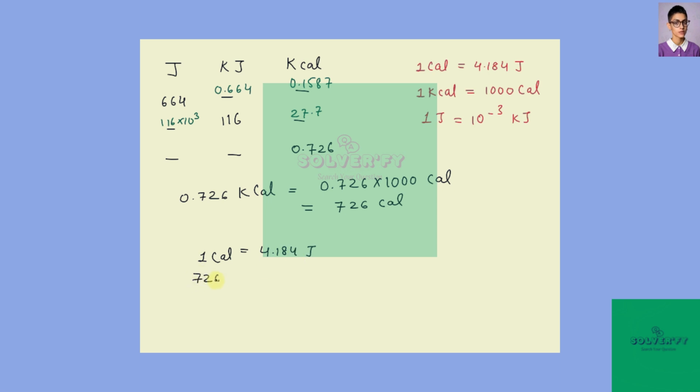Then 726 calories will be equal to 4.184 joule divided by 1 calorie into 726 calorie. Here we can eliminate this calorie, and on solving we are getting the joule unit with the value 3037.6 joule. Hence, here we can write 3037.6. And if we convert joule into kilojoule, we need to divide this value by 1000. On doing so, we are getting the value 3.04 kilojoule. This is the table.